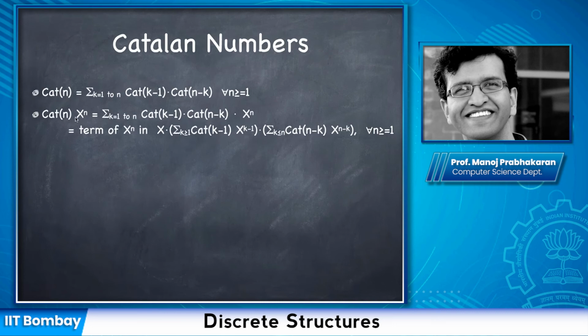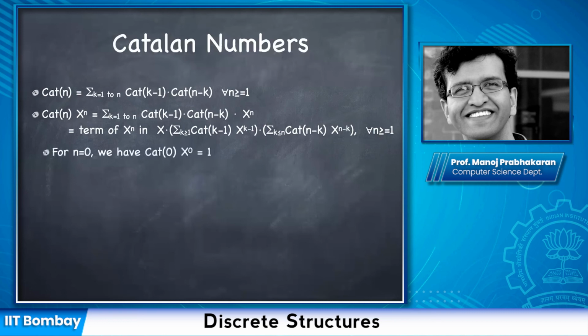Okay, so you should convince yourself this term is exactly what appears as the term containing x to the power n in this product. That is for n greater than or equal to 1. For n equal to 0, clearly there is no term containing x to the power 0 here, because everything has x to the power at least 1.